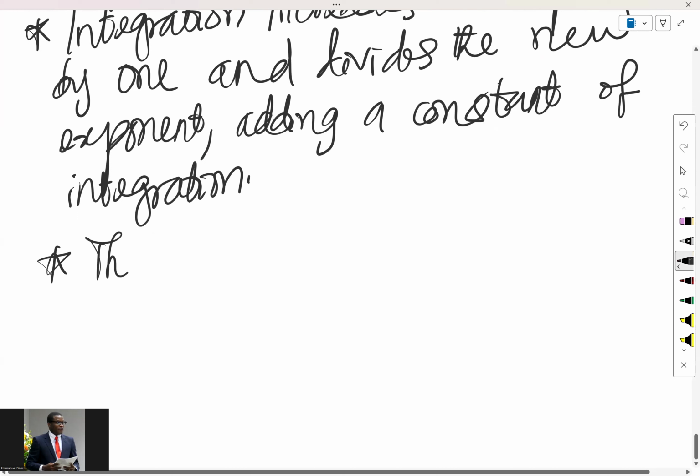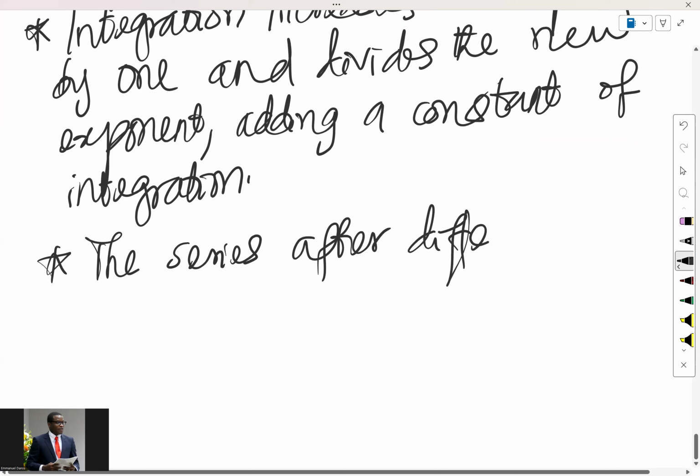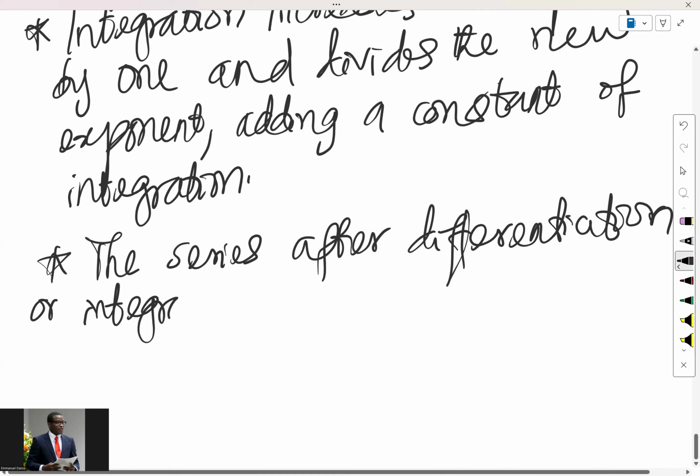So then this is about the most important points, which may be new to some people, right? The series after differentiation or integration maintains the same radius of convergence.